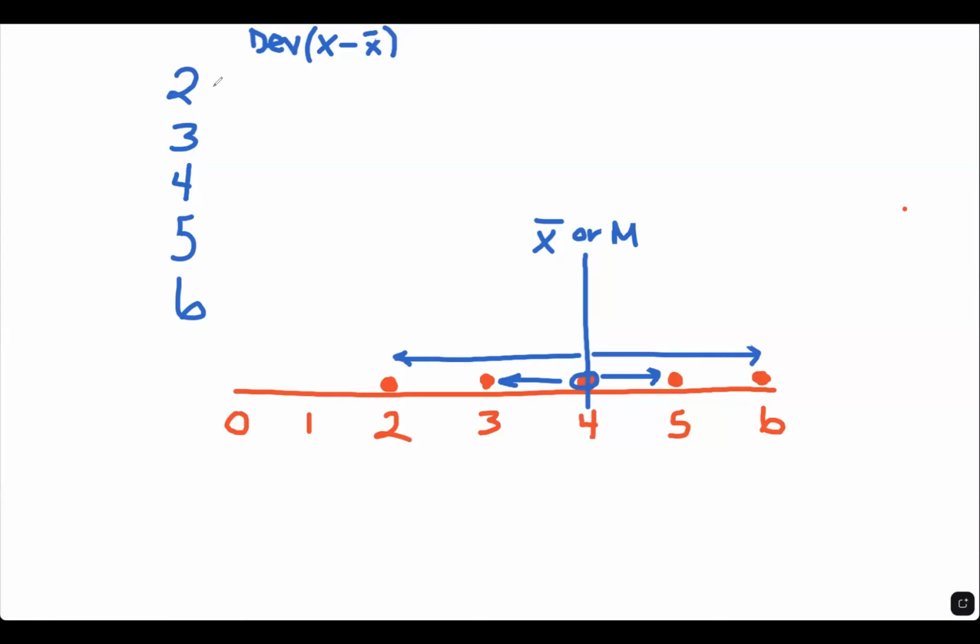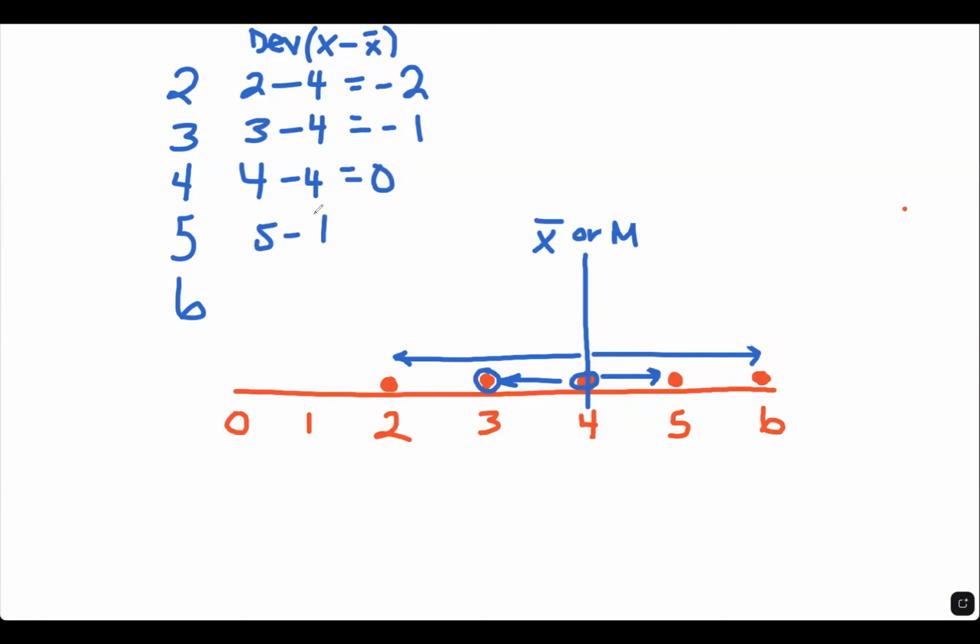So our deviation for 2 would be 2 minus 4 equals -2. Then 3 minus 4 for this one right here, our deviation would be -1. 4 minus 4, there's no deviation, so this is just 0. And then 5 minus 4, our deviation equals 1. And 6 minus 4, our deviation equals 2.